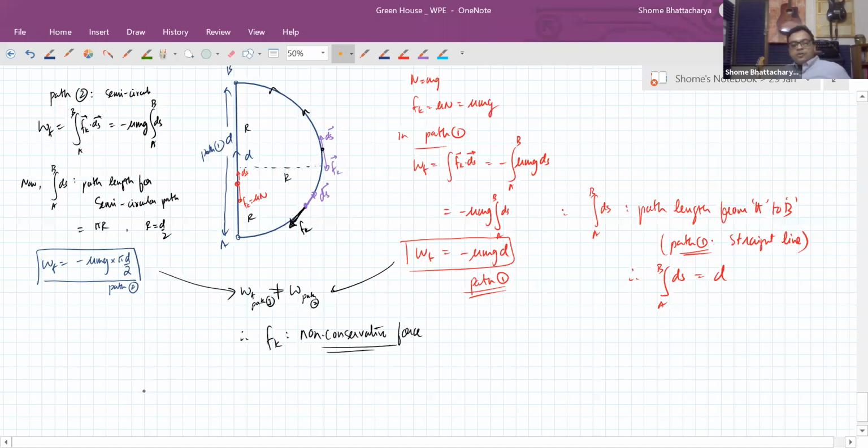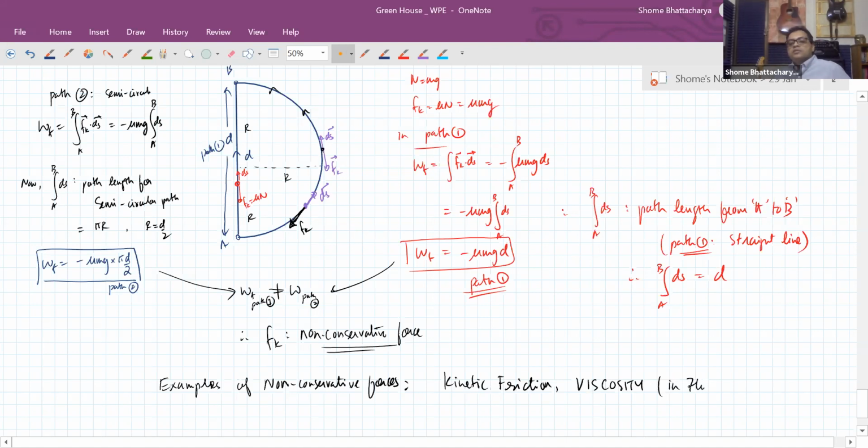So some examples of non-conservative forces: friction, I mean kinetic friction, which we just saw just now. Then there's something called viscous force or viscosity. Okay, it acts in fluids, but we will discuss it at a later stage, and you'll see that it's also a non-conservative force.